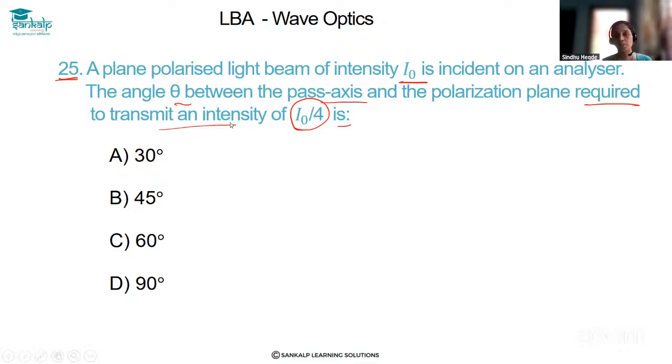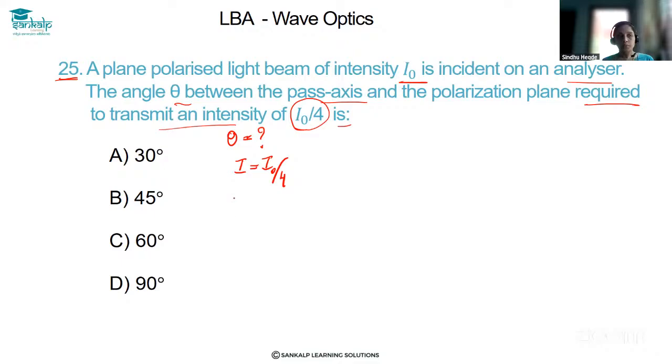We have to calculate the theta value here. We have to calculate the angle theta between the pass axis and polarization plane. The only given thing is intensity I is equal to I naught by 4.